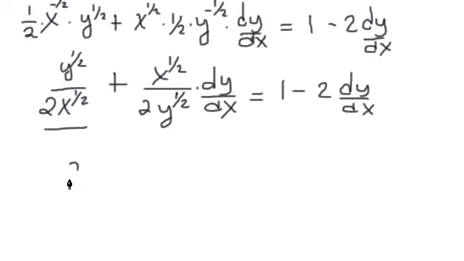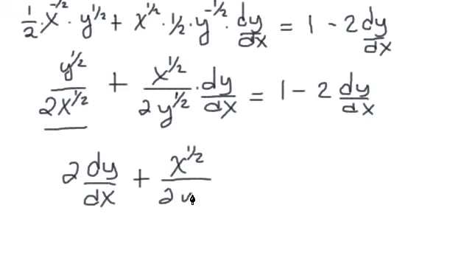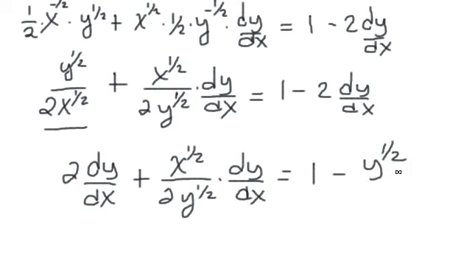So we're going to end up with 2 dy over dx plus x to the half over 2y to the half times dy over dx is equal to 1. Now I'm bringing this over, so this would be minus y to the half over 2x raised to the half.